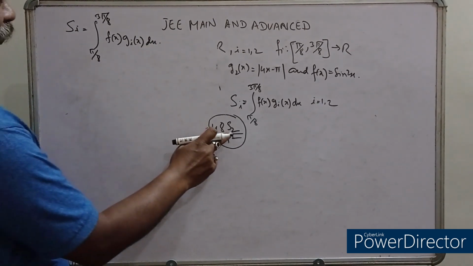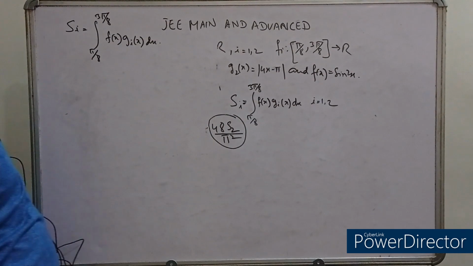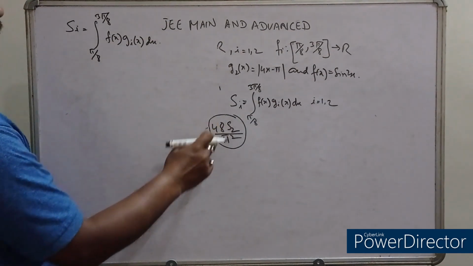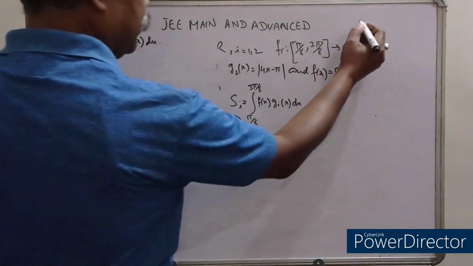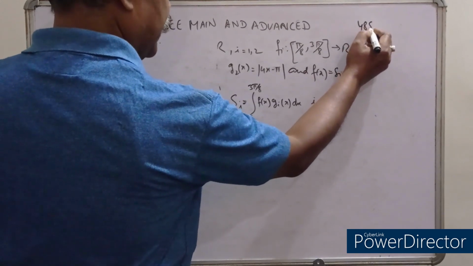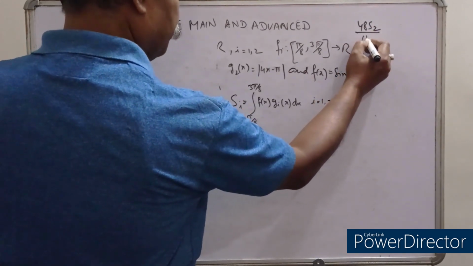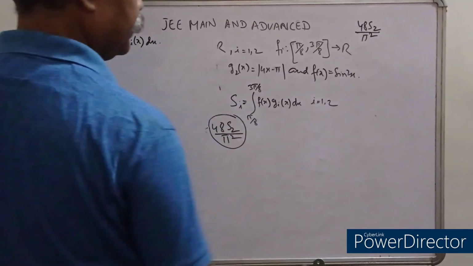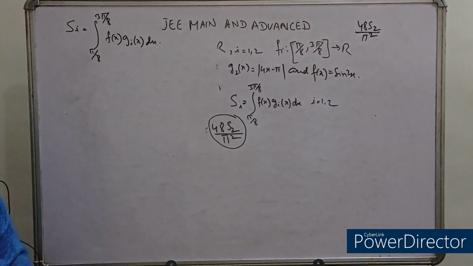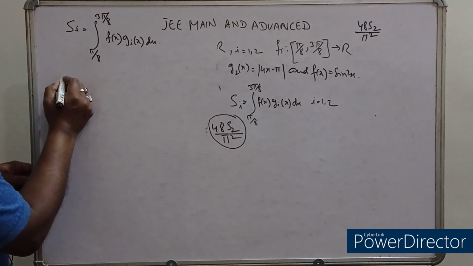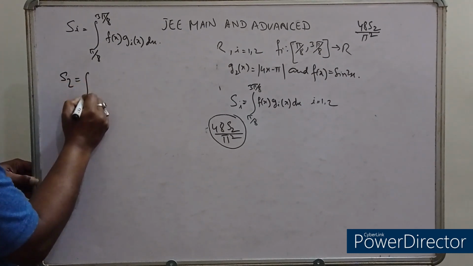So here you see 48 S2 by pi square. Let me write it here. So first of all, S2, what is S2?